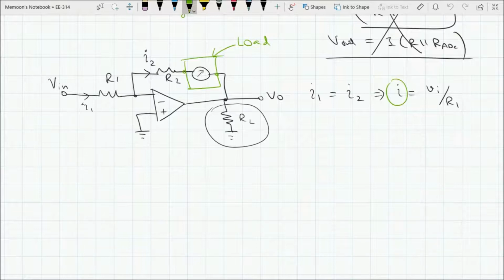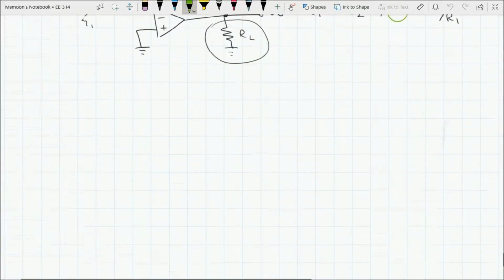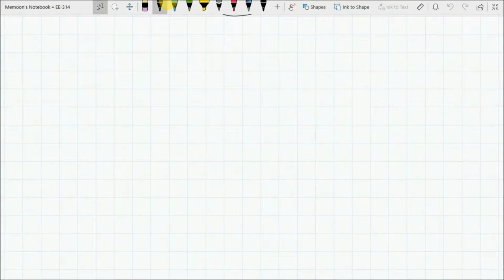So what do we have to do to tackle that? There is another, more complex configuration to convert our input voltage to a known output current, and that known output current should be able to drive our load regardless of the load resistor.